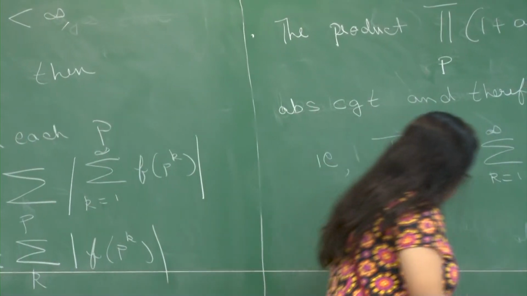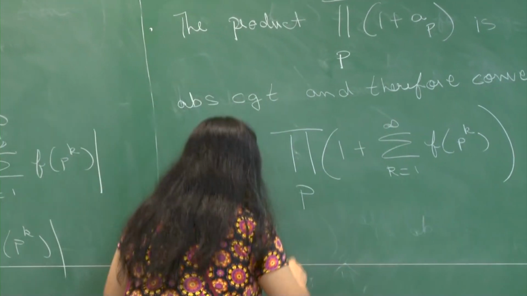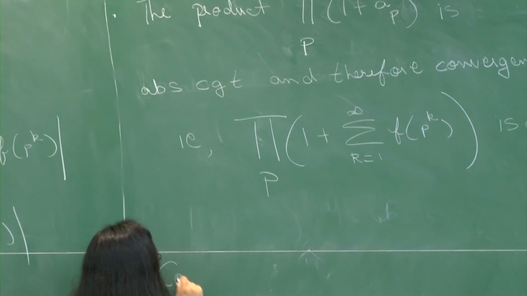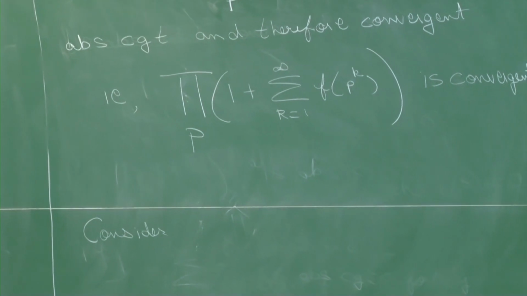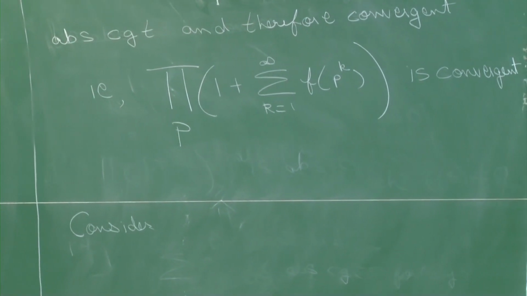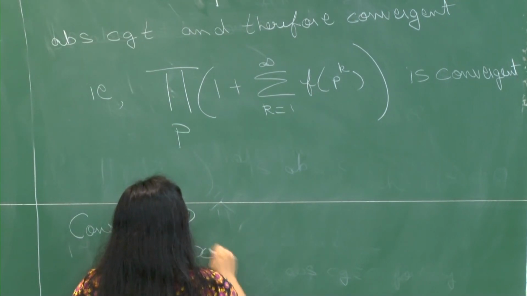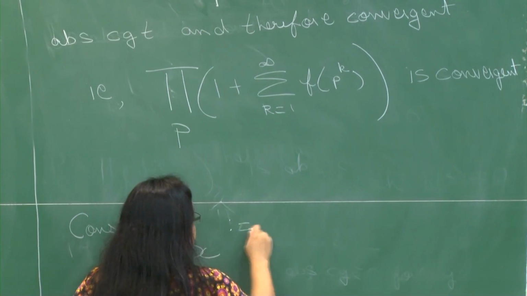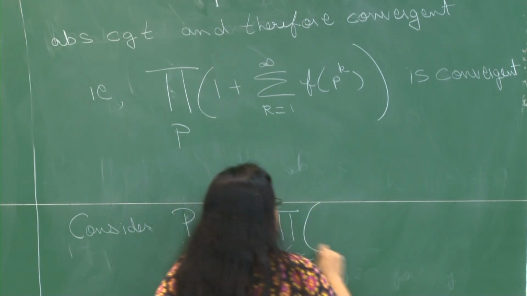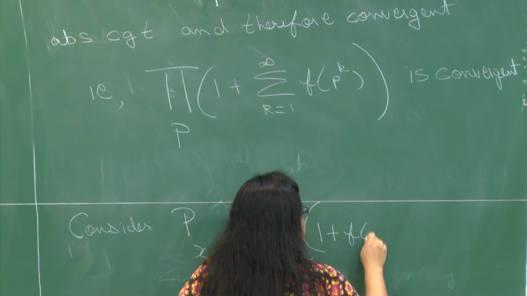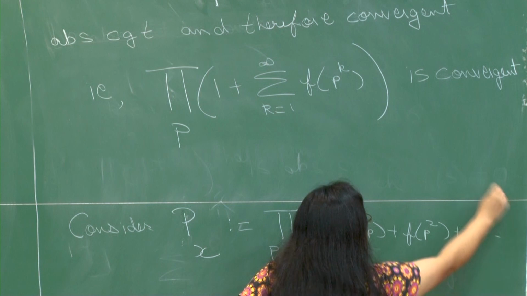Now consider, what do you mean by the convergence of an infinite product? It means the sequence of the partial products converges. So, define capital P sub x to be the product over all the primes up to x of 1 plus f of p plus f of p squared and so on.